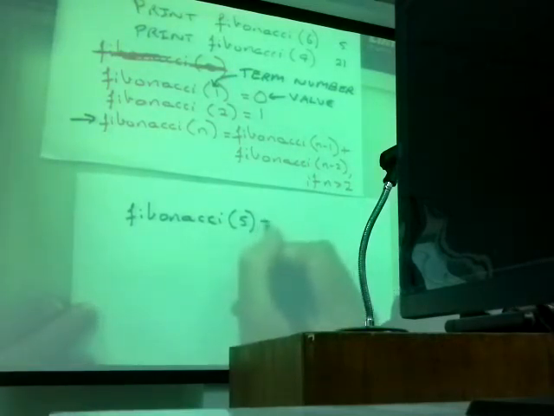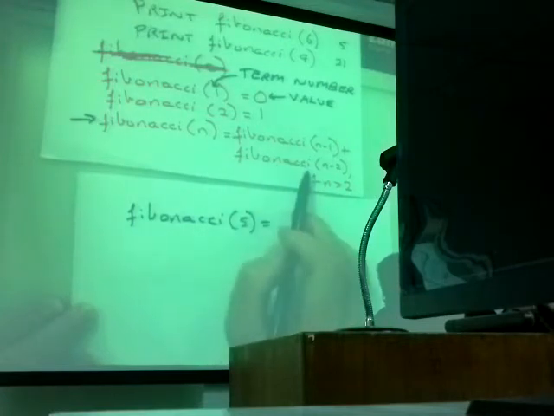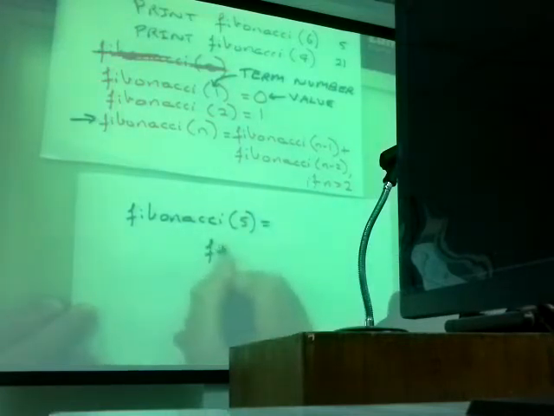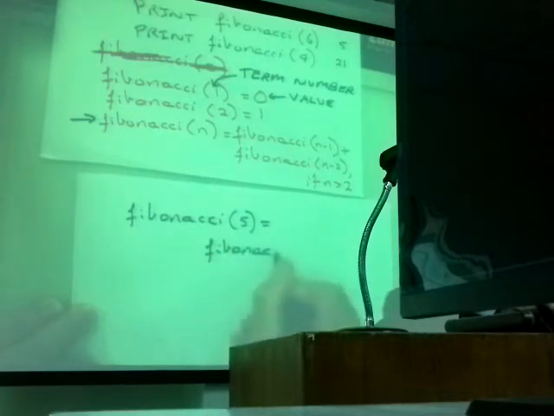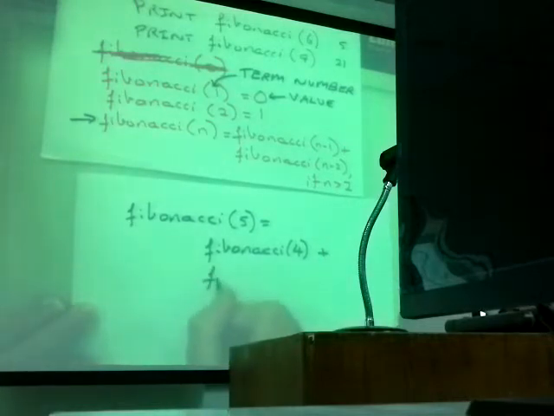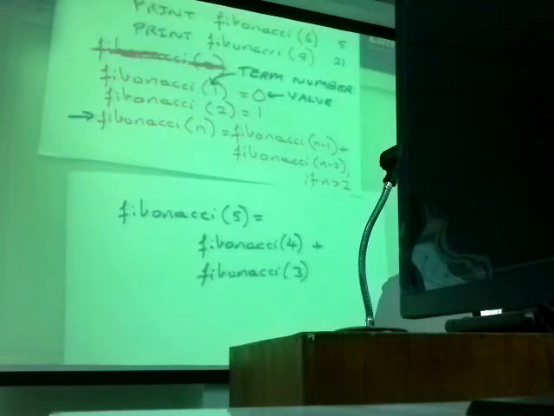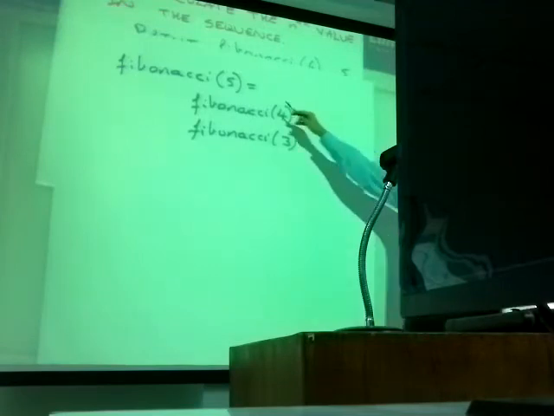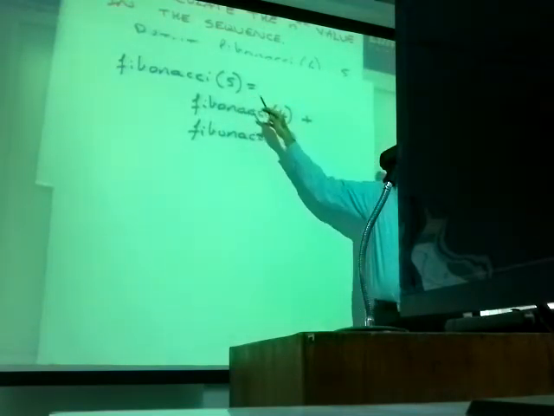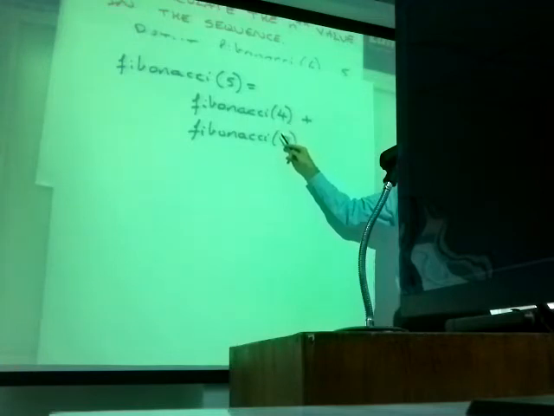So Fibonacci 5, according to this definition, is Fibonacci 4 plus Fibonacci 3. So we don't know those values yet, but we know that Fibonacci 5, the fifth term, term number 5, is term number 4 plus term number 3.